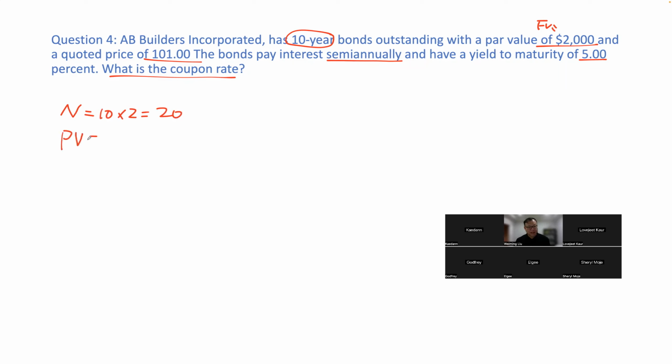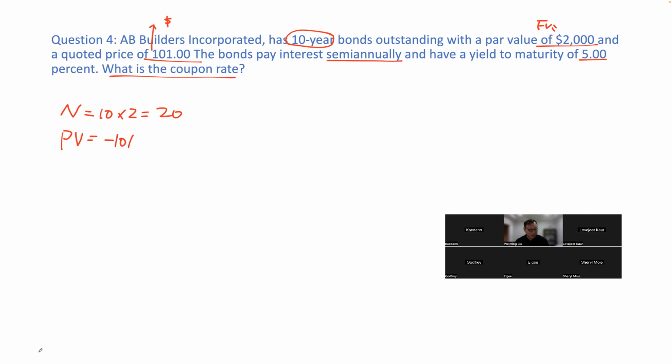The bond price. What is that? Yeah, negative 101. Again, there's no dollar sign here, right?